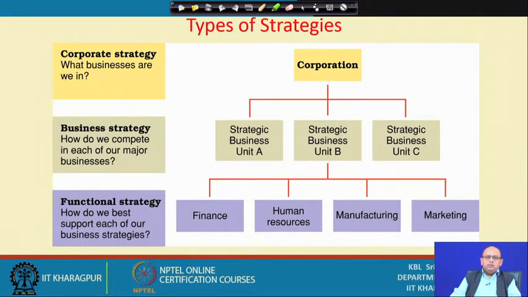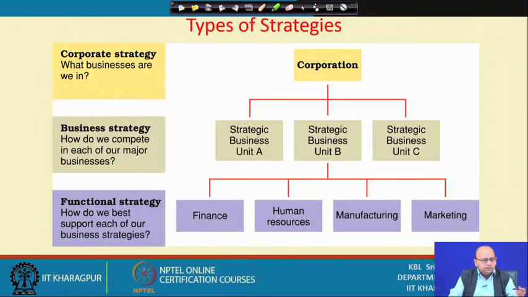Then coming to operational strategy at the functional level, we have to see how these business departments are going to support a business unit in terms of what they do. So, you have to identify what could be your strategy related to HR, what could be your marketing strategy, what could be your product strategy, right. The idea here is that these functional strategies contribute to achieving business strategies, or they also need to be aligned with the business strategy, and then this business strategy needs to contribute to and be aligned and consistent with the corporate strategy, right.